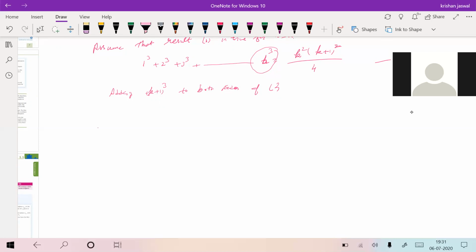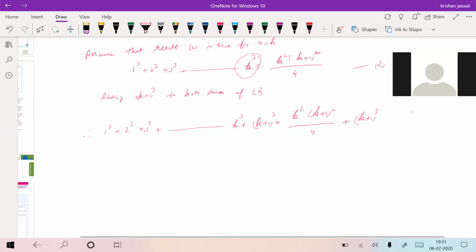Therefore, 1 cube plus 2 cube plus 3 cube plus k cube plus k plus 1 cube is equal to k square into k plus 1 whole square over 4 plus k plus 1 cube.